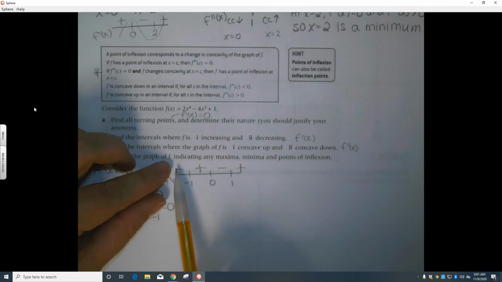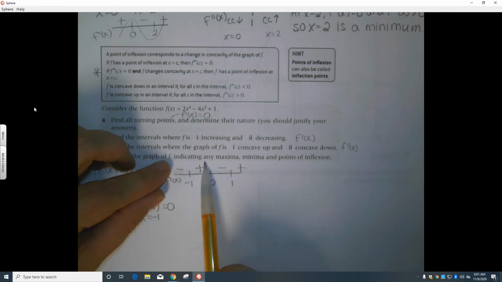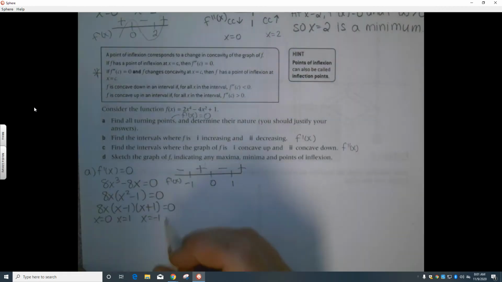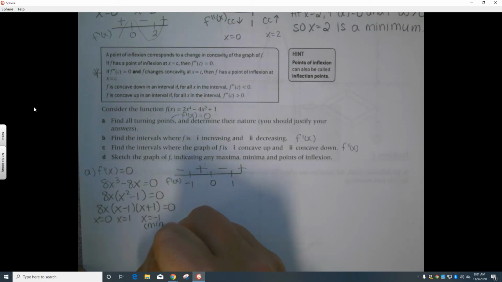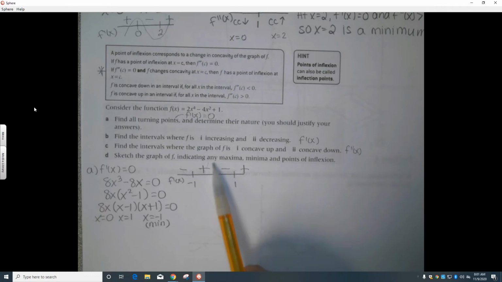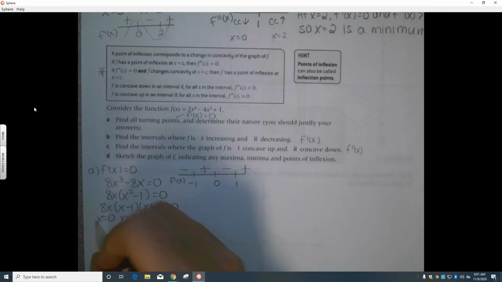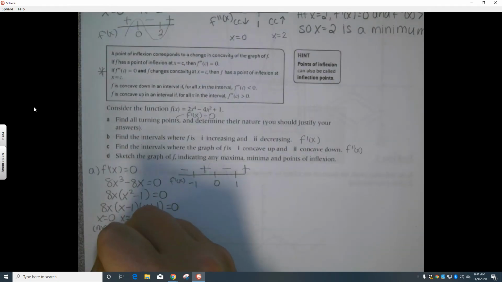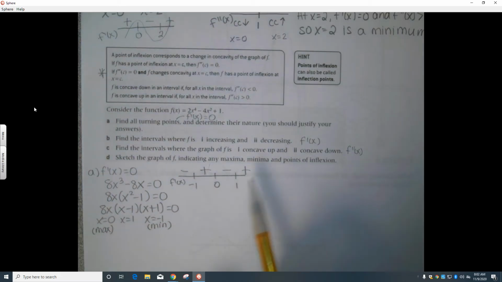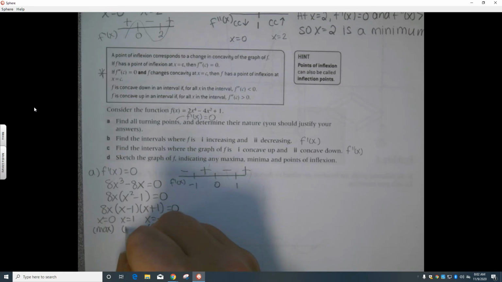So because it goes from negative to positive, I know that x equals -1 is a min. And then here it switches from positive to negative. So I know that x equals 0 is a max. And then it switches from negative to positive again. So I know this one is another min.